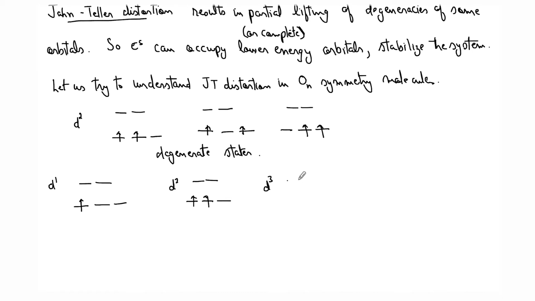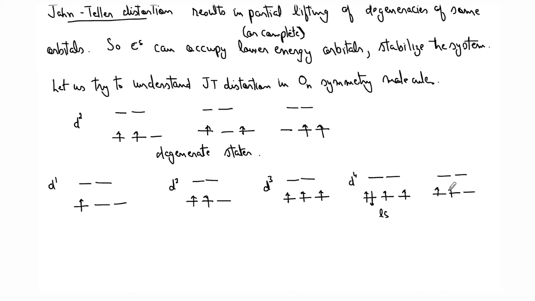Now D3. If you see D3, all three orbitals of T2G are symmetrically filled. That means there is no degeneracy possible, right? Okay, so now let us look at D4. In D4, there are two possibilities: one is the D4 low spin complex, another is the D4 high spin complex, right?